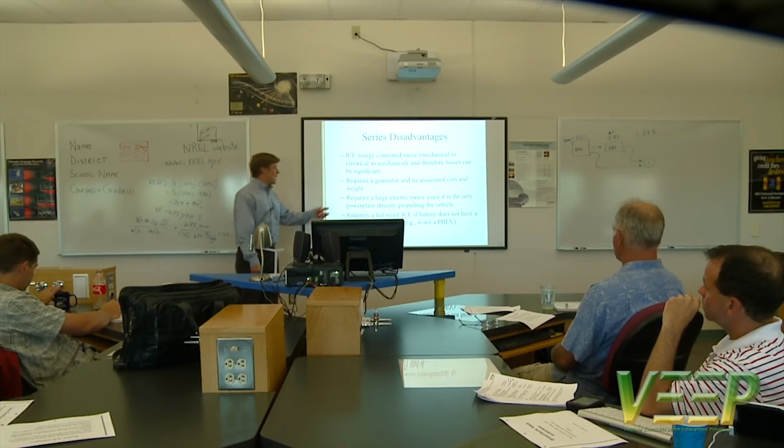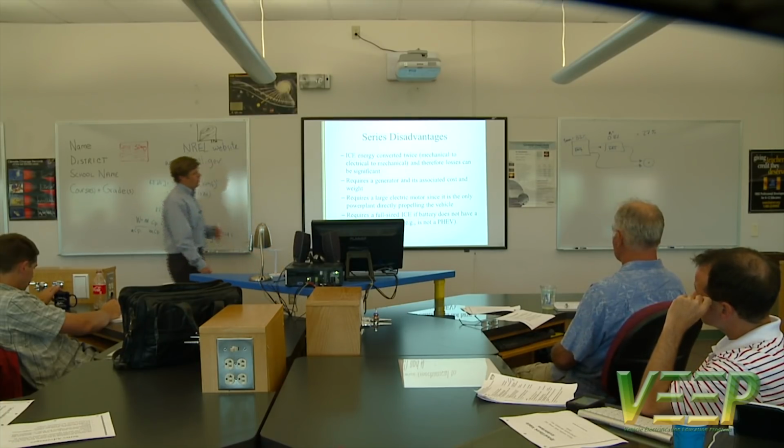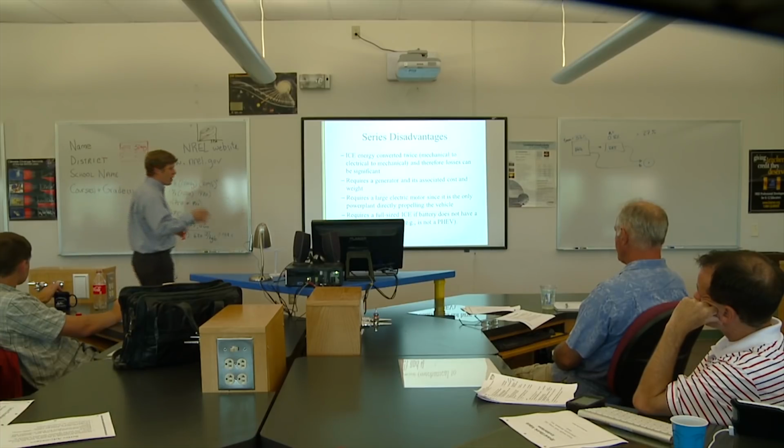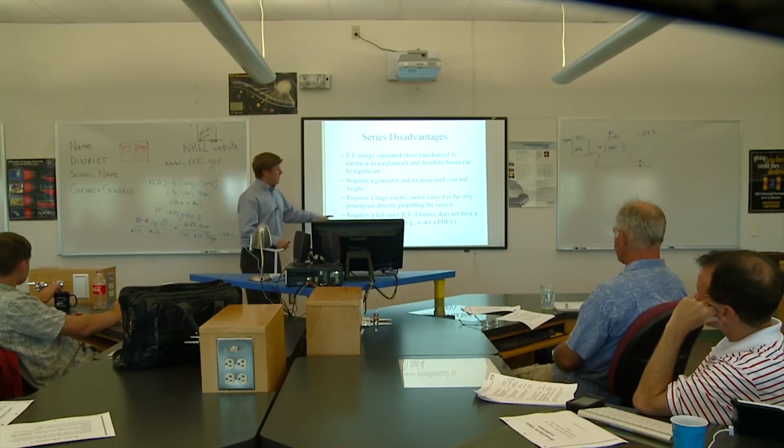It also has the same disadvantage as an electric vehicle in that the electric motor is providing all the power for the entire vehicle. So that's a big electric motor. If we're talking about any of the cars outside, we might need a 150 kilowatt, more than 200 horsepower electric motor to drive that car at an acceptable rate.